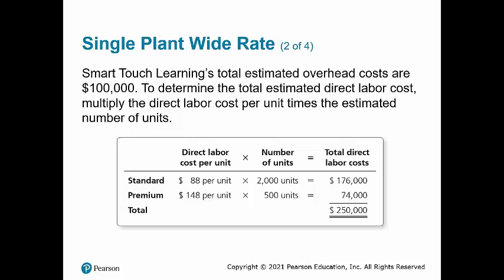So we take the per unit direct labor cost, multiply it by the number of units that we expect to produce, and that gives us our estimate. So for the standard model, we expect to have $176,000 of direct labor cost, and for the premium model, $74,000. So we add those together and we get a total of $250,000 of total direct labor costs that we expect over the next year.